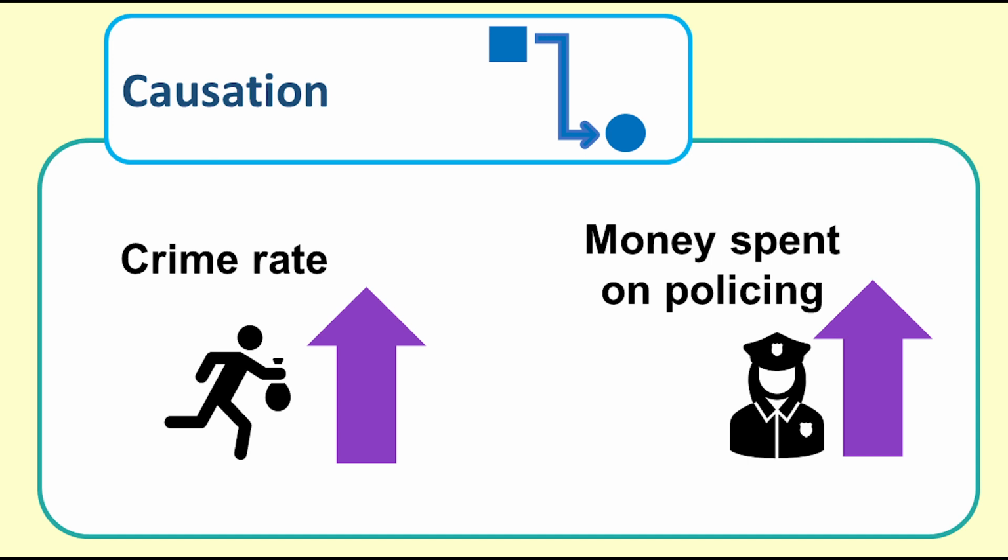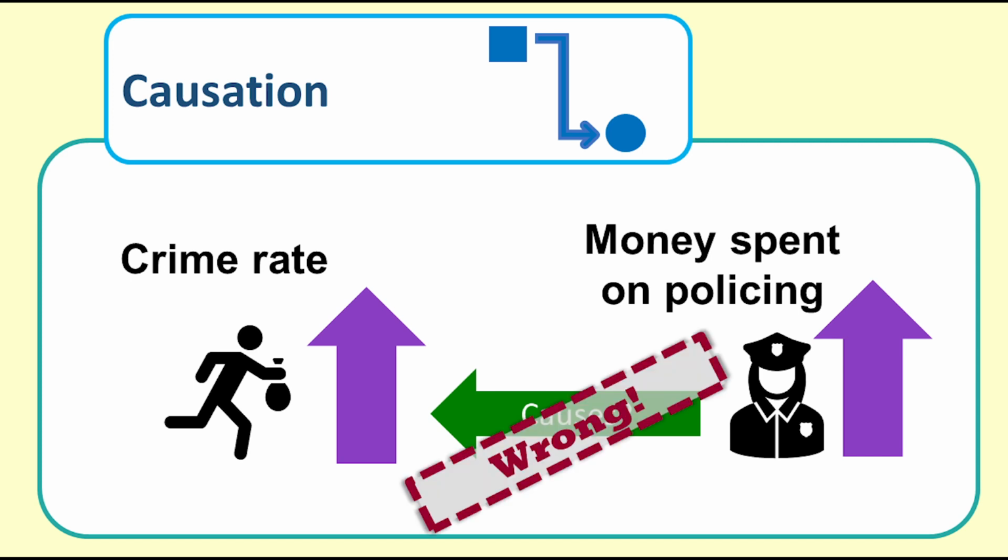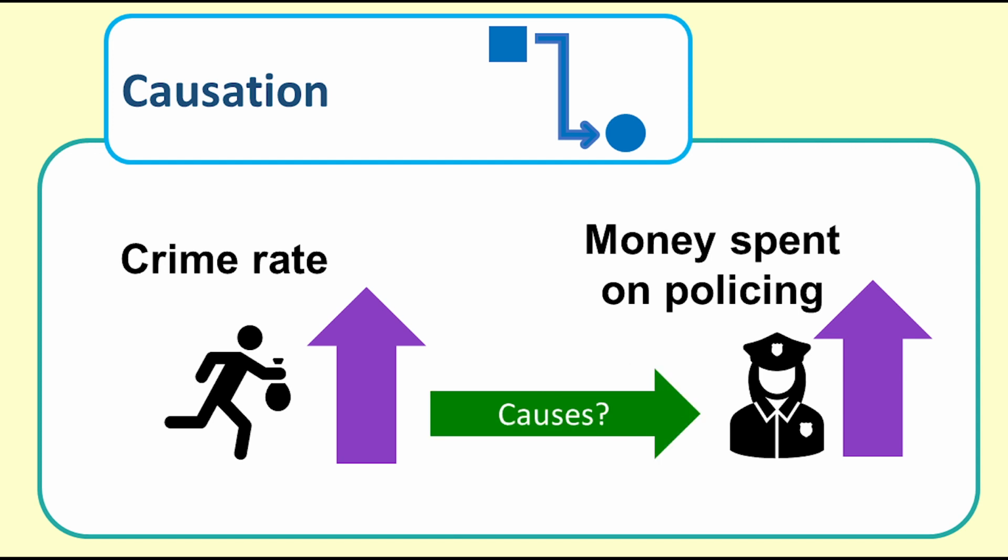People can jump to the wrong conclusion that increasing funding on policing is going to cause an increase in the crime rate. This makes no sense. A possible explanation is that areas that have a high crime rate for other reasons have a higher police budget in response to the crime rate, not the other way around. A higher police budget could be an indicator of a higher crime rate without being a cause.